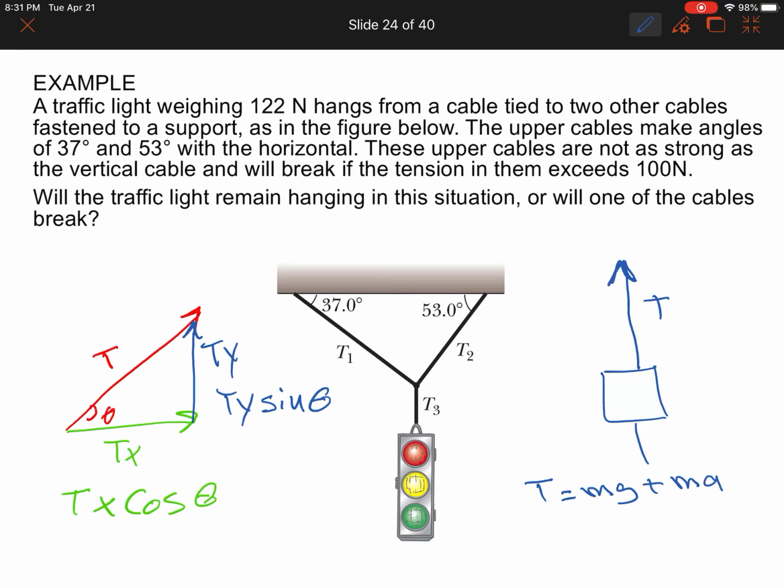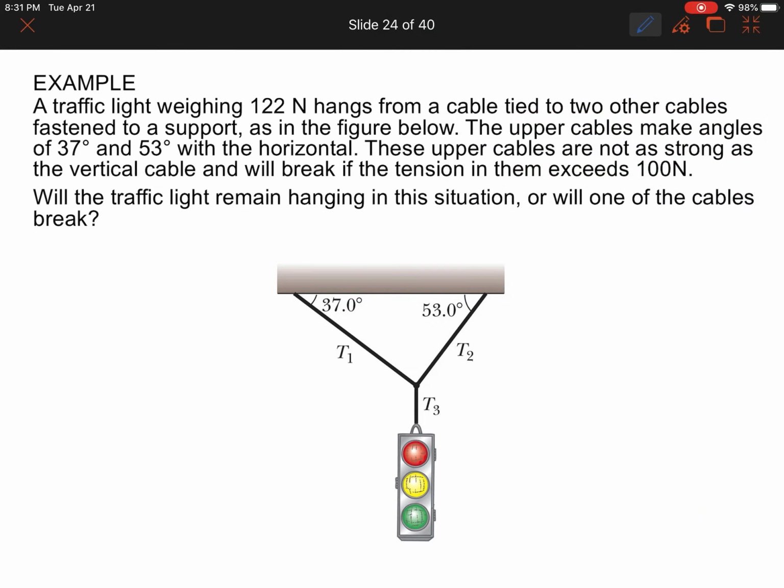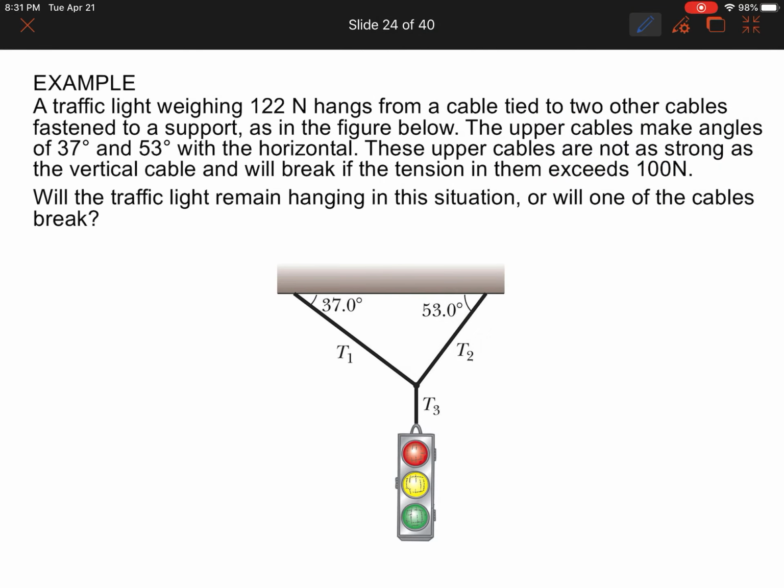But if the tension is pulled downward, in that case it will be mg minus ma. So we know that in 1D, going upward and downward, it's a matter of mg plus or minus ma. Okay, let's go ahead now and try to solve this problem.